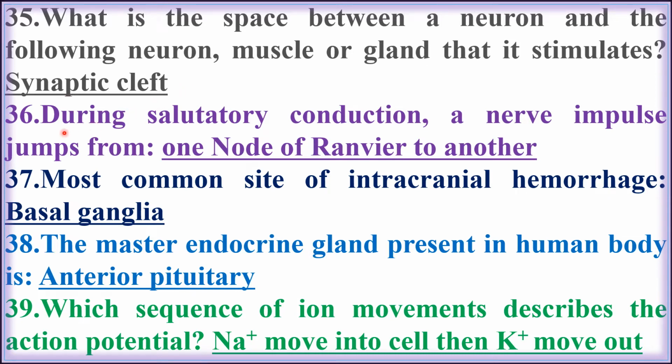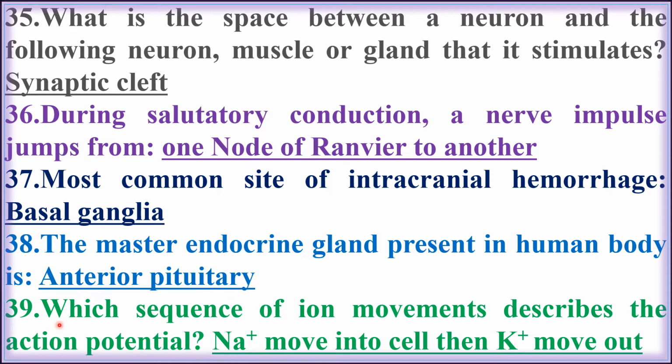Next, during saltatory conduction, a nerve impulse jumps from one node of Ranvier to another. Next, most common site of intracranial hemorrhage is basal ganglia. Next, the master endocrine gland present in the human body is anterior pituitary.